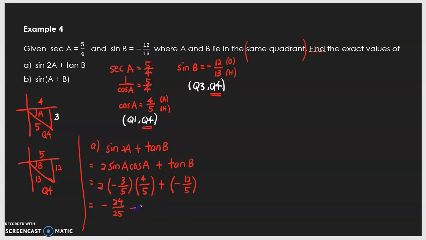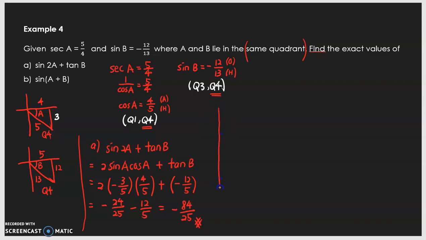Plus minus is minus 12 over 5. So the answer will be negative 24 over 25 minus 12 over 5. Here the answer is negative 84 over 25. So this is the answer for A.